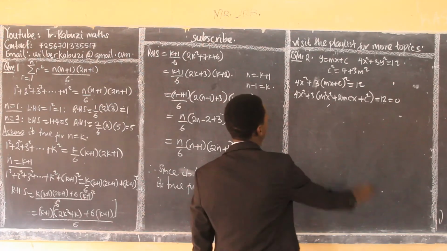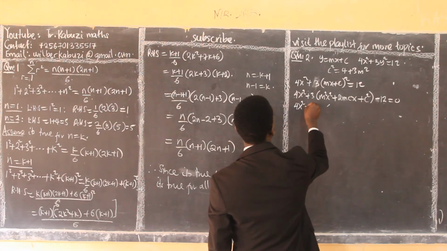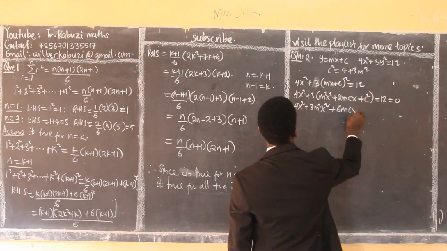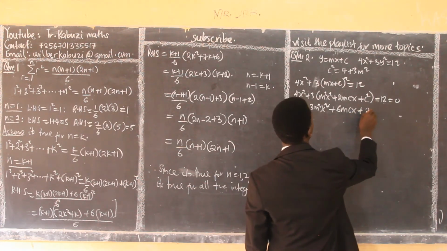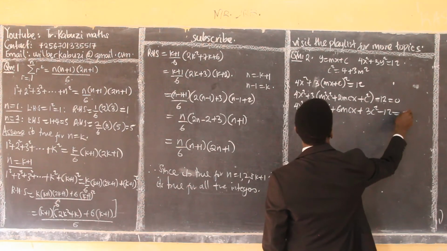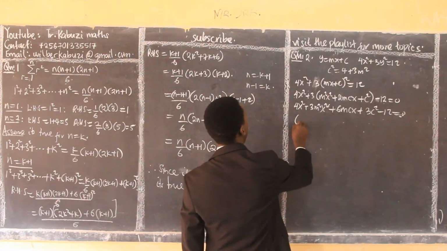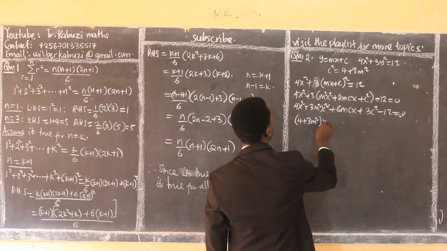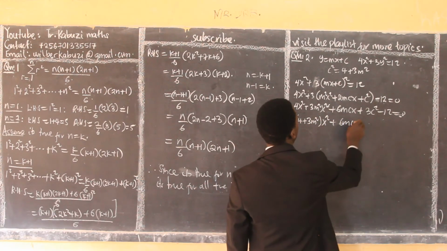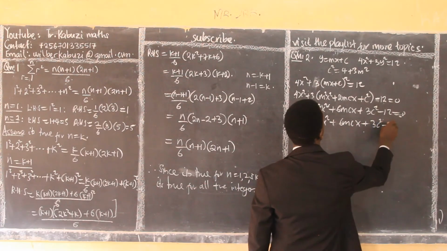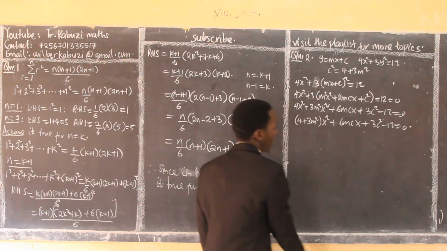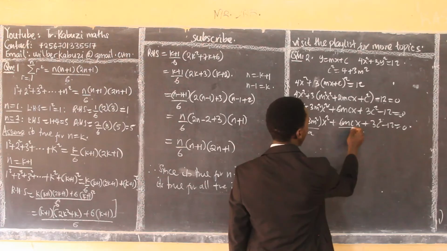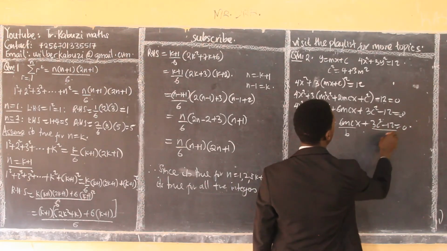Expanding the bracket there, I have now 4x squared plus 3 plus 6mcx plus 3c squared minus 12 equals 0, which I can make a quadratic as 4 plus 3m squared x squared plus 6mcx plus 3c squared minus 12 equals 0. Now this one is going to be my a, so that is a quadratic in terms of x, this is my b, and all of this is my c.